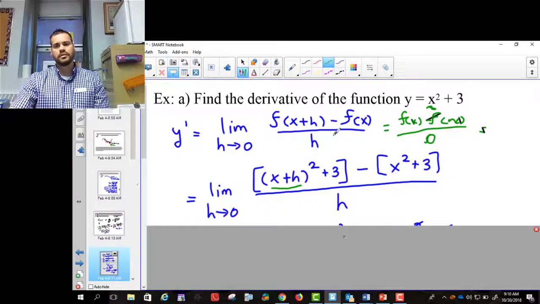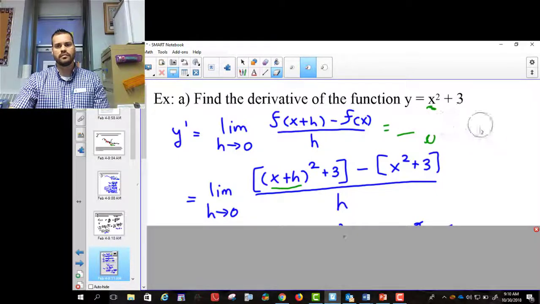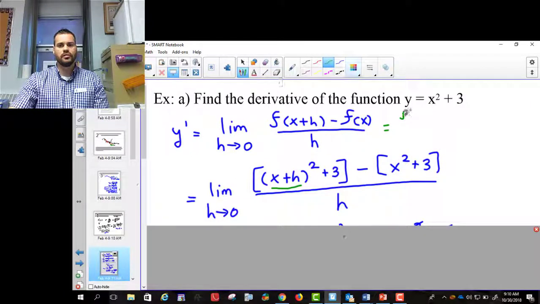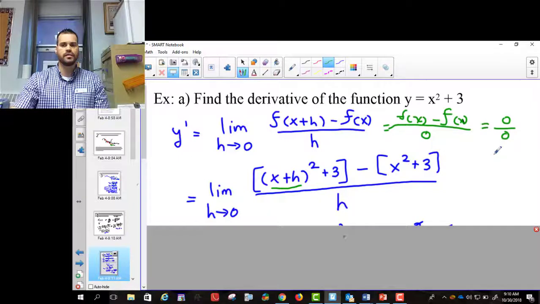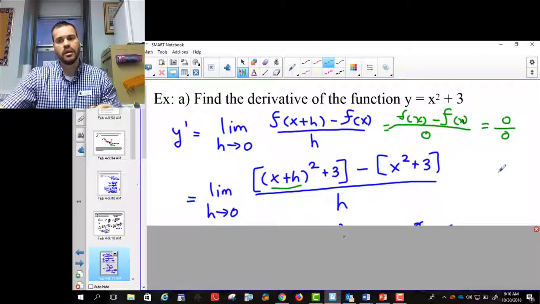Let me just try to write this again and see if we can avoid the black line. So if we let h go to 0, we get f of x minus f of x, all divided by 0, and that gives you 0 over 0. And we know from our knowledge of limits that that means it's an indeterminate form, so we have to do something.